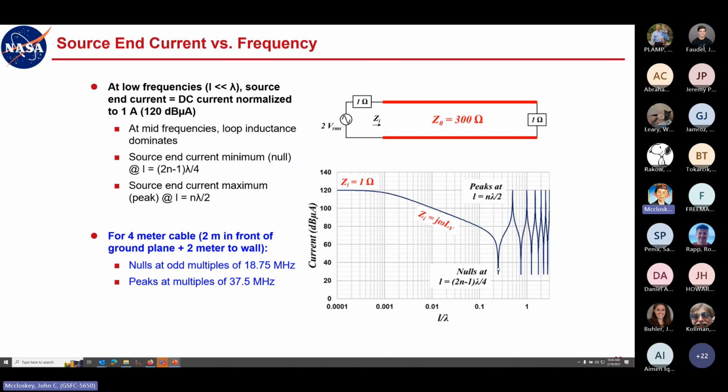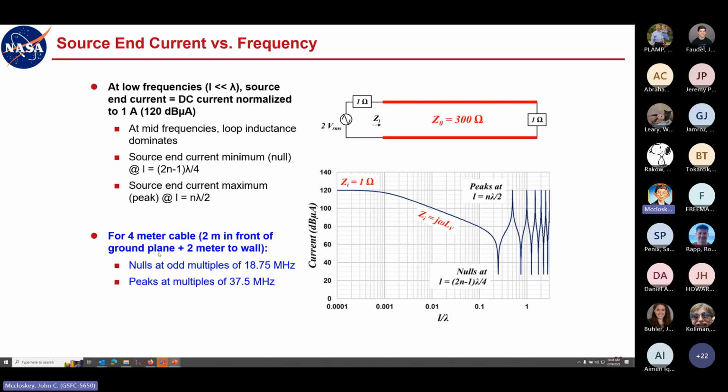In fact, in the transmission line session, I go through all this math, present this graph, and then I take measurements on a network analyzer to measure impedance, and it's spot on. You get exactly this type of profile. And this is what I was just talking about: you get current nulls at odd multiples of a quarter wavelength, and then peaks at multiples of a half wavelength.